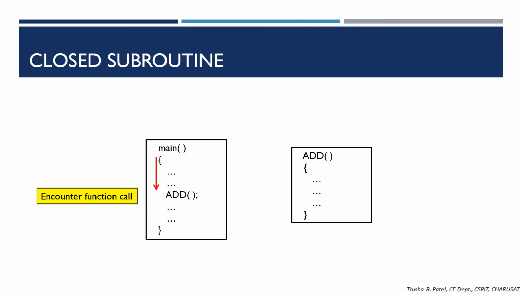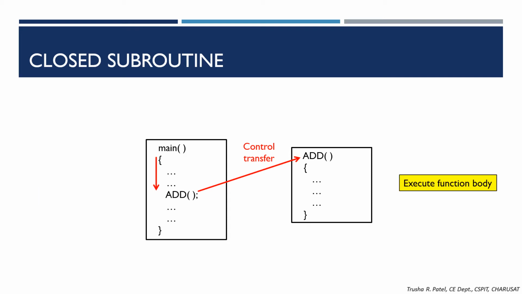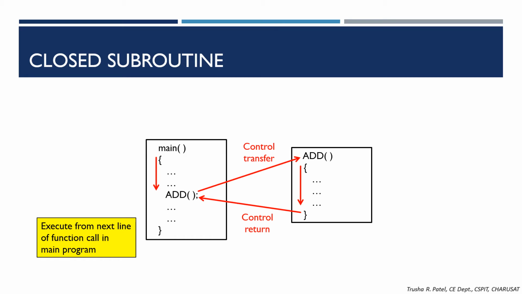Whenever this subroutine call is encountered, control will be transferred to the definition of that subroutine. It executes the body of that subroutine. Control will come back to the main program and execute the next line after that subroutine call.